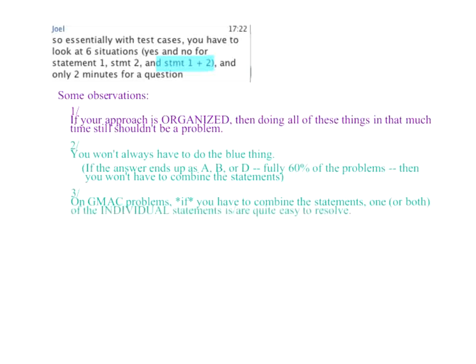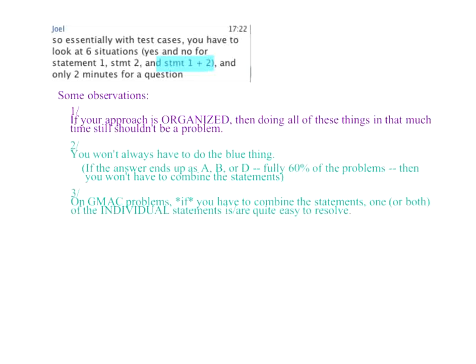What they're not going to do is make you do a bunch of labor. They are not slave drivers here. You're not going to be doing tons of work for statement 1 and tons of work for statement 2 and tons of work for the two statements together. Just like in the problem with X and Y and Z last time, they're going to make it so that if you resolve statement 2, you've accidentally resolved the whole thing.